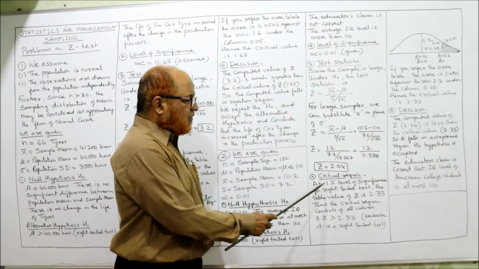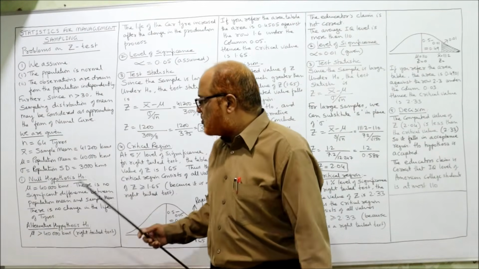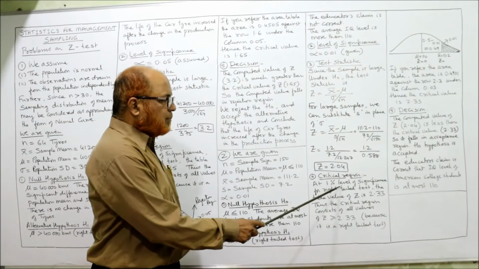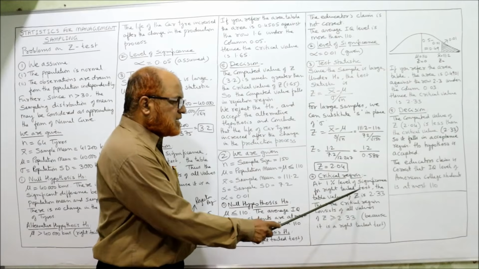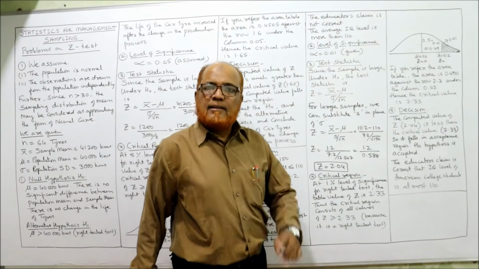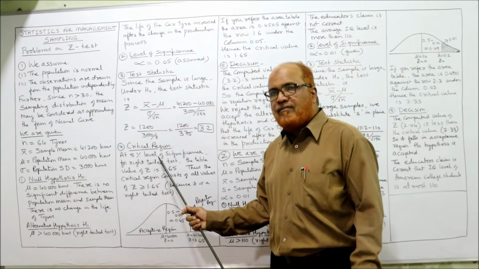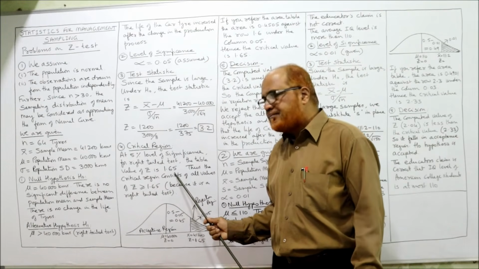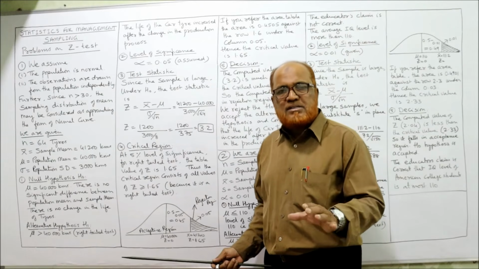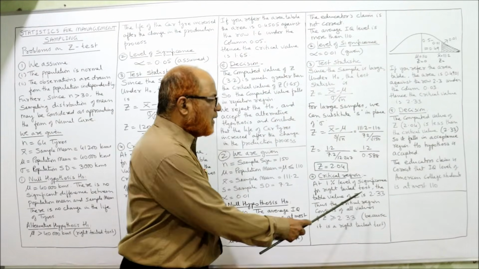Critical region. At 1%, in the previous problem it was the 5% level, but now it is given in the problem as 1%. So at 1% level of significance for a right tail test, the table value of Z is 2.33. There at 5% we got 1.65. At 1% level of significance it is 2.33.